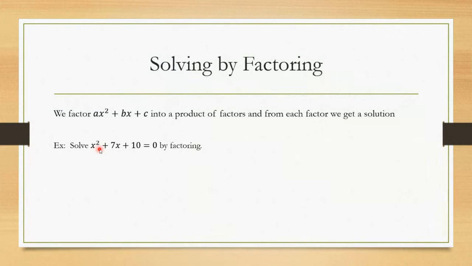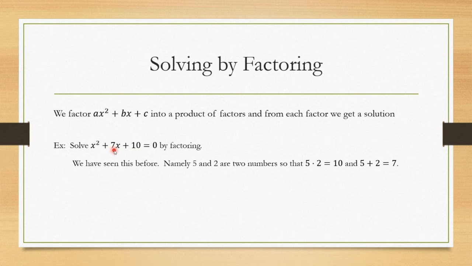What we want are two numbers whose product is 10 and whose sum is 7. Okay, so as before, we actually saw that the numbers that work are 5 and 2. So those work because, again, those two numbers, their product is 10 and their sum is 7.